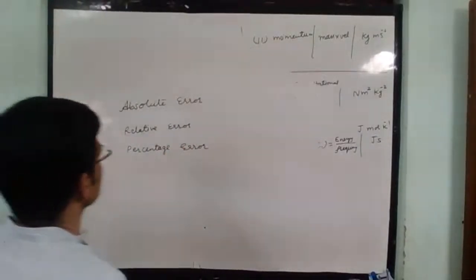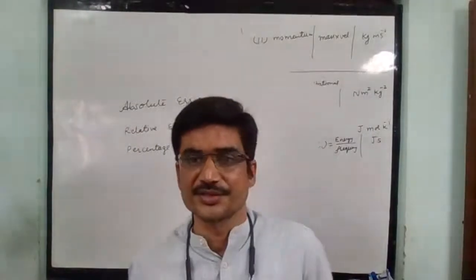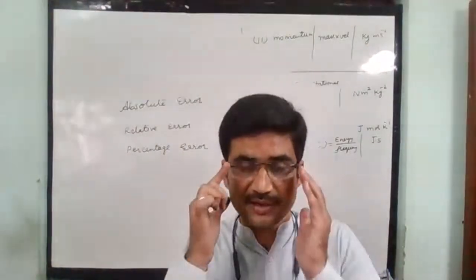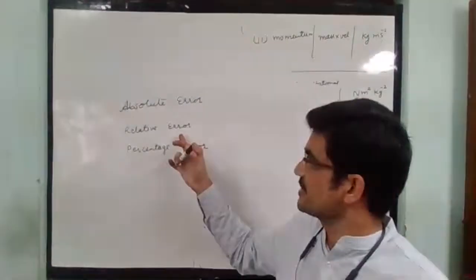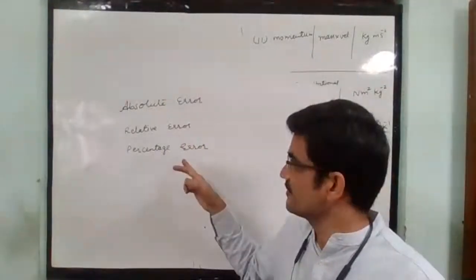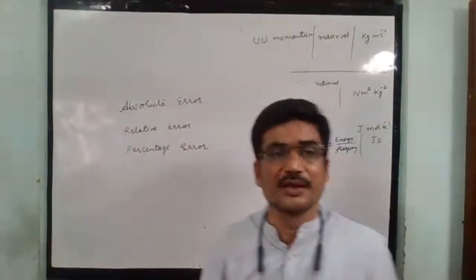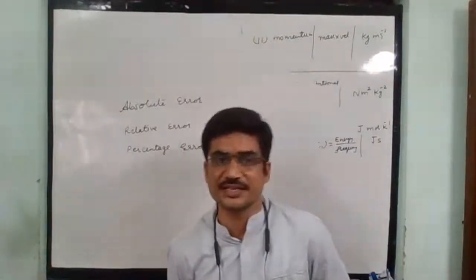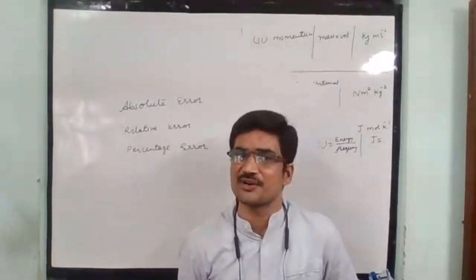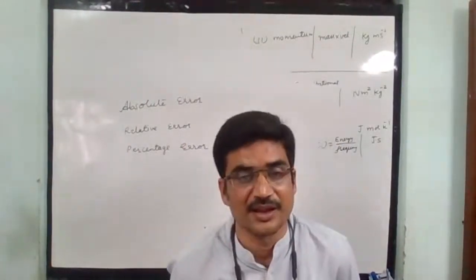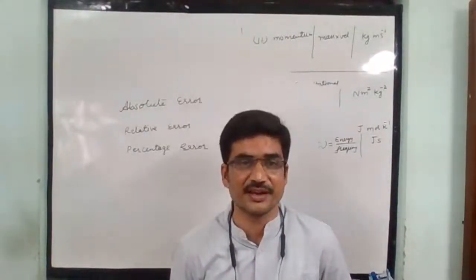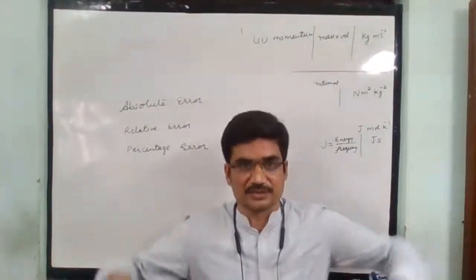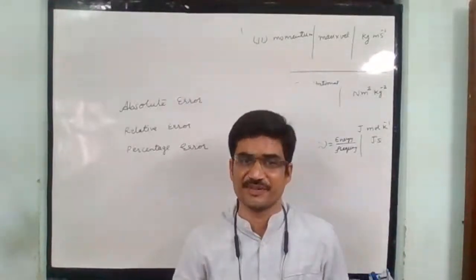So one is absolute error, second one is relative error, third one is percentage error. So today I am just closing this session here. Tomorrow we will discuss all these types of error, how to eliminate error, and the combination of errors in measurement.